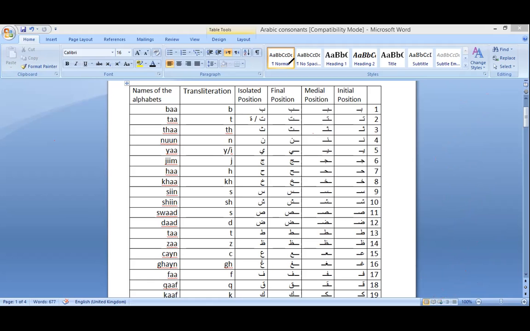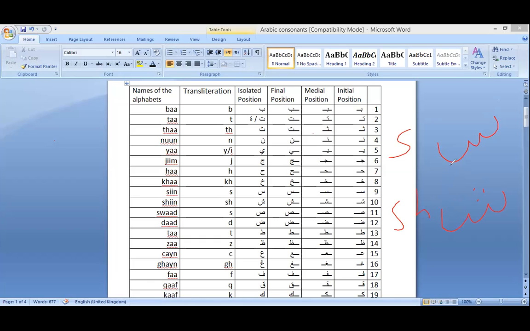Good. Let's see the other group. This one is easy, only 2 letters. These 2 letters are more or less the same. It doesn't matter the handwriting, but this one is sa and this one is sha. Sa, sha.